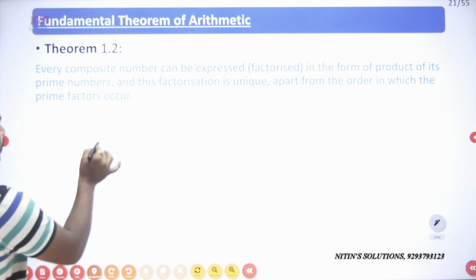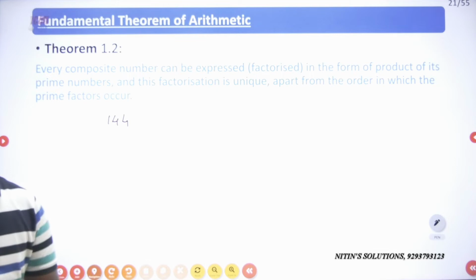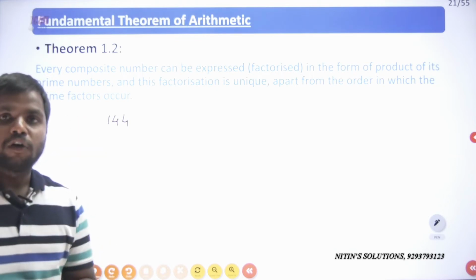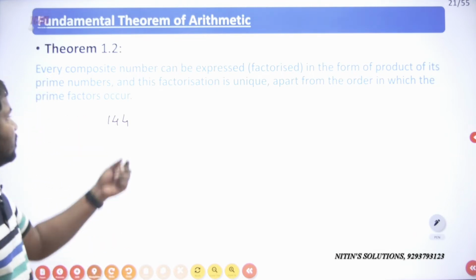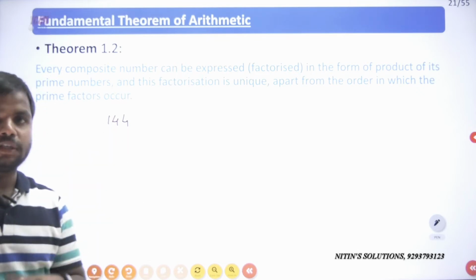For example, if I have a number 144, is this 144 a composite number or not? Yes, obviously 4 is an even number, so 144 is a composite number, right?